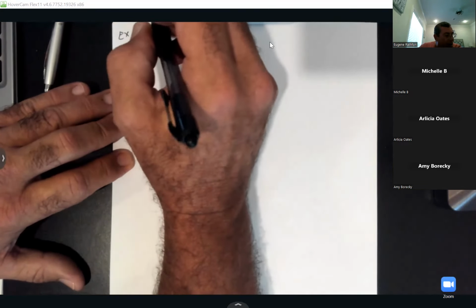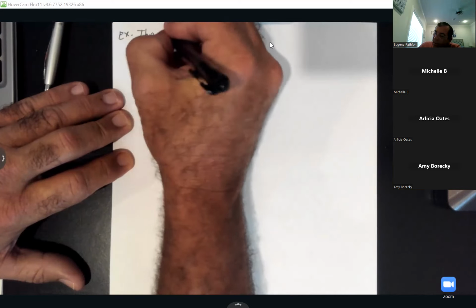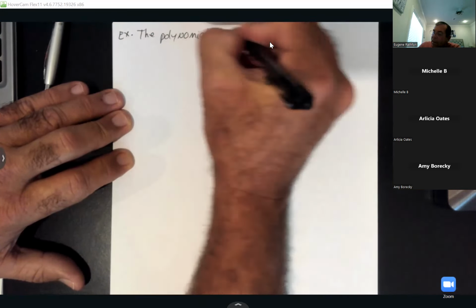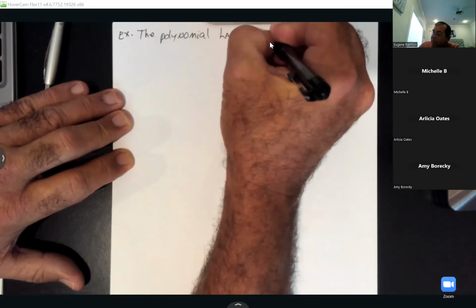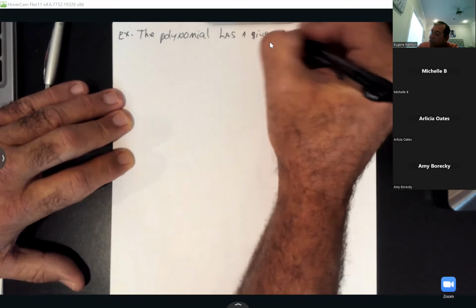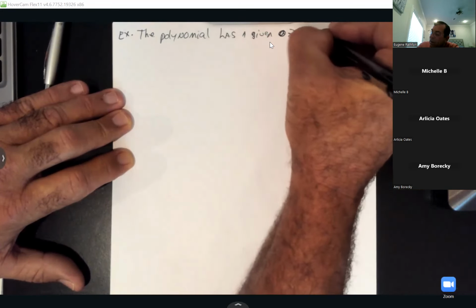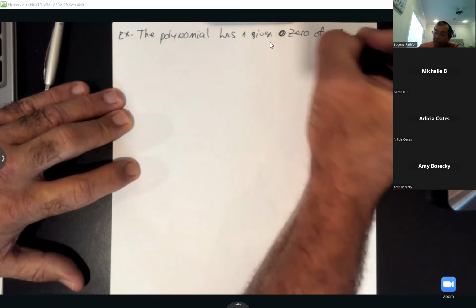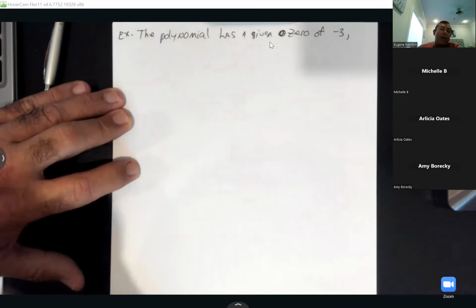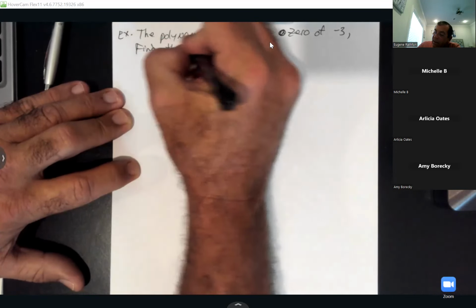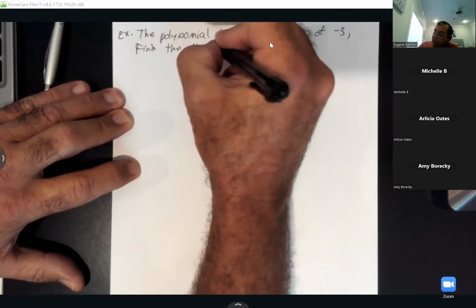The polynomial has a given zero, a given zero of -3. They want me to find the other zeros.